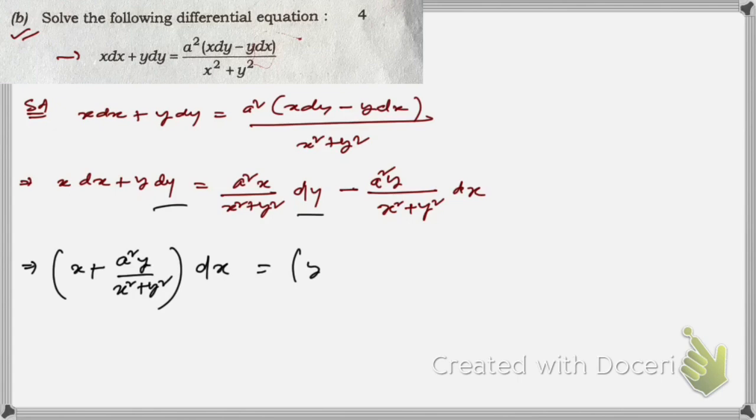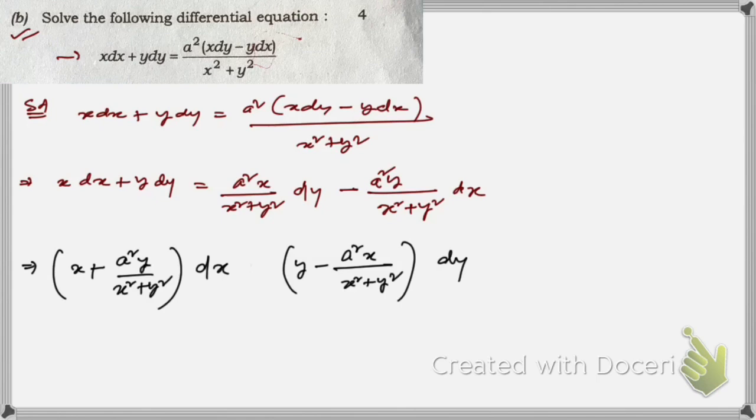What I have done is I have brought this term also to this side, and then taken y common. So you can take that y minus a square over x square plus y square, and here it's going to be dy, right?